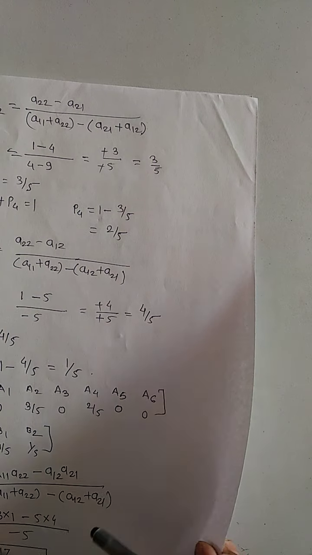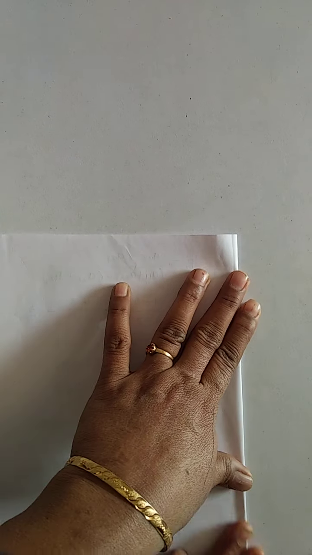Again, we see the second problem of this graphical method. In the second problem, take the problem first. Example 2. Solve the following game by graphical method. Then write the problem.